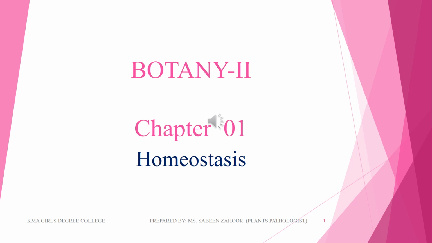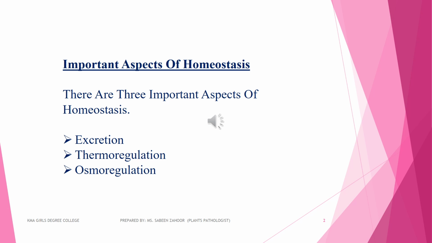Right? Good. Dear students, as we already discussed in our previous lecture, there are three important aspects of homeostasis. First one is excretion, second one is thermoregulation, and third one is osmoregulation.